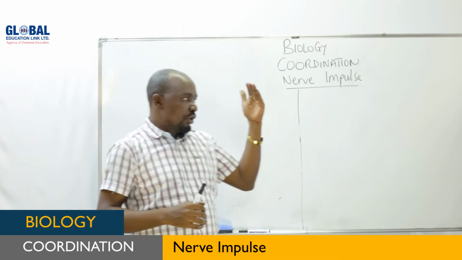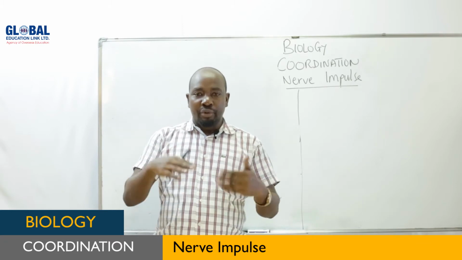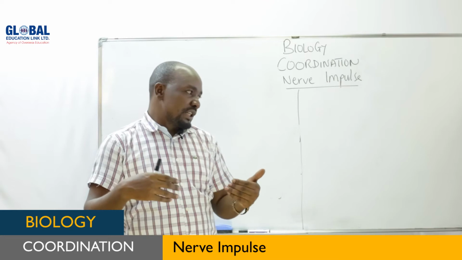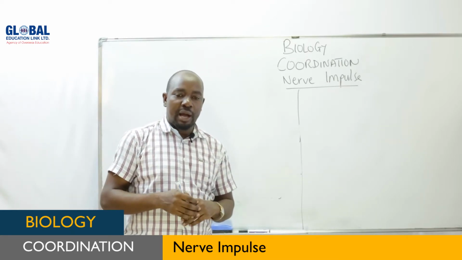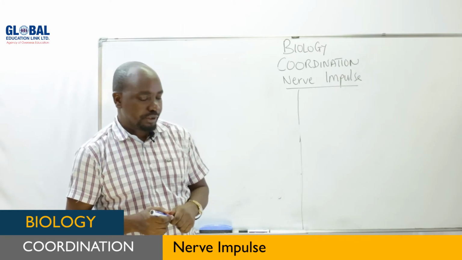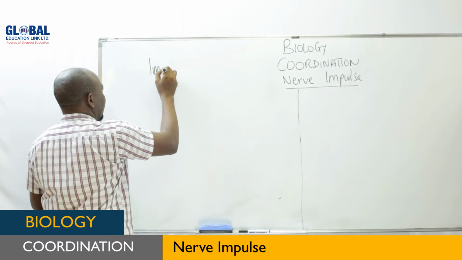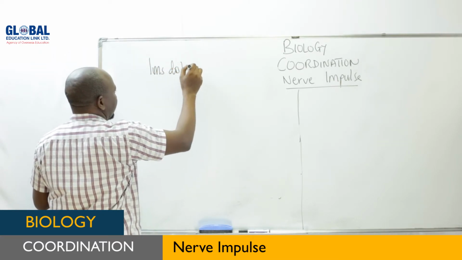So before we answer this question, we must first understand the distribution of the ions across the axon membrane.